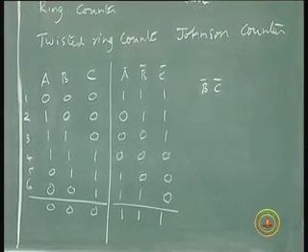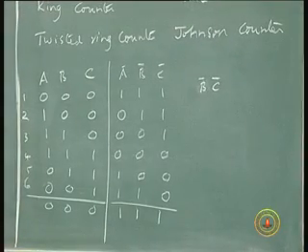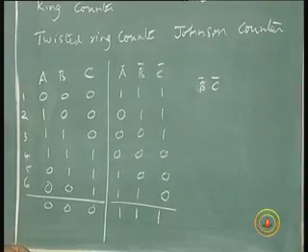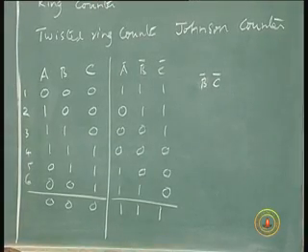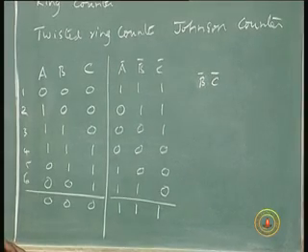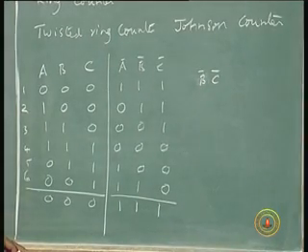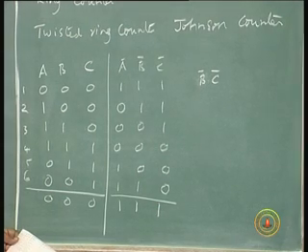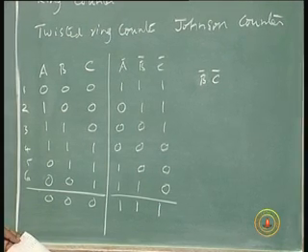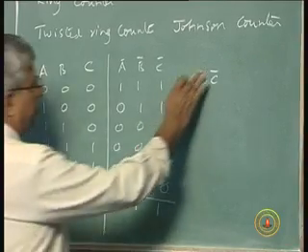We can make it A bar, B bar, A B bar. First clock period will be on A bar, C bar, not B bar, C bar.